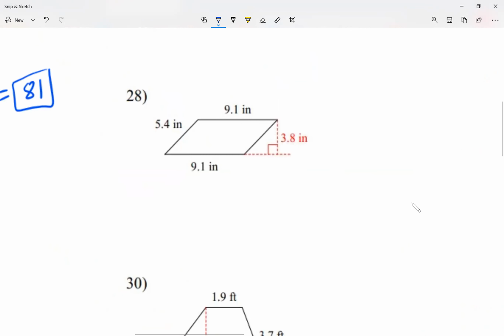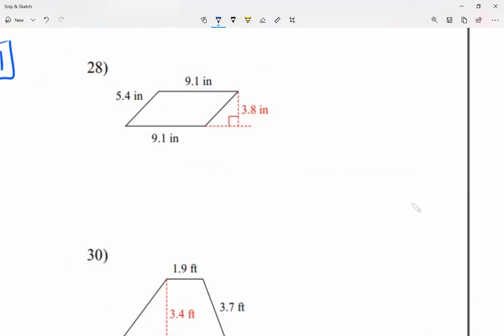Then we saw parallelograms, which I said treat them like a rectangle. Look for a 90-degree corner. It's right there. The two measurements that make that corner are 3.8 and 9.1. So for this case, I'm going to go 3.8 times 9.1.